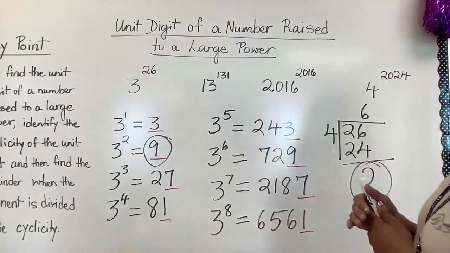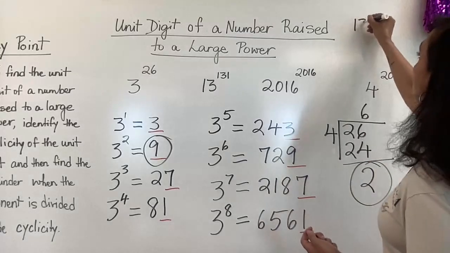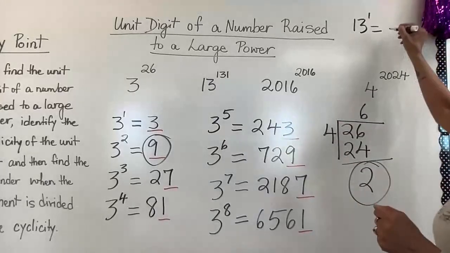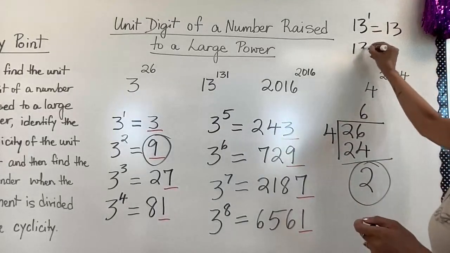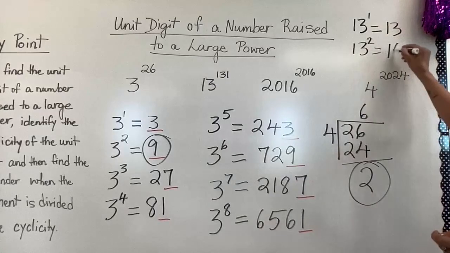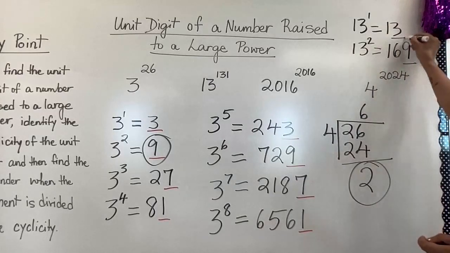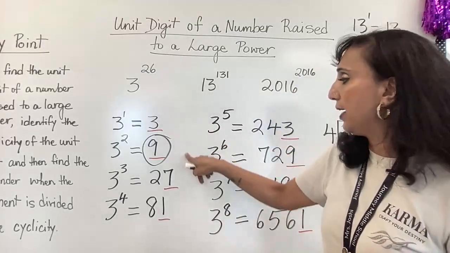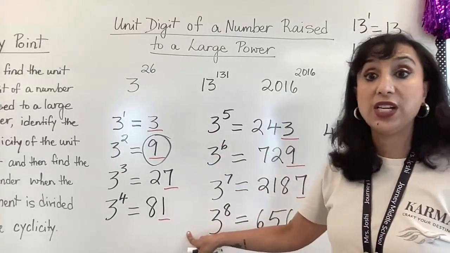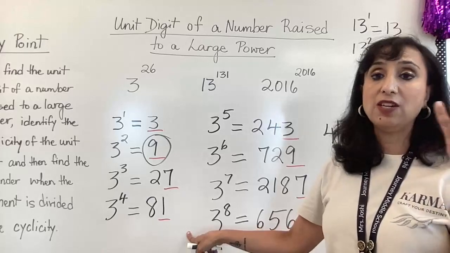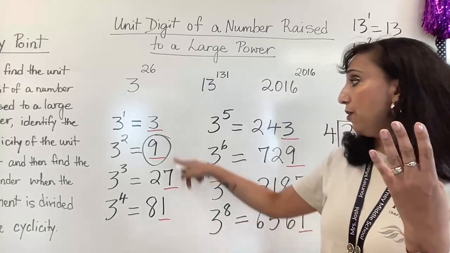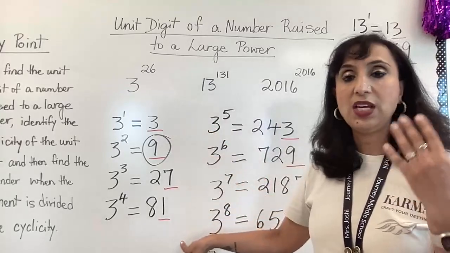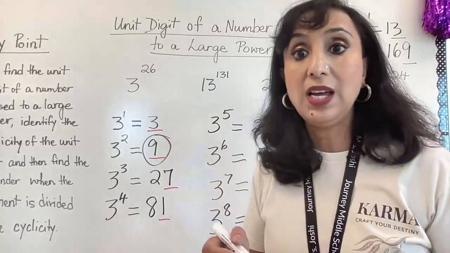Again, look at this: 13 to the first power, I get 13. 13 squared gives me 169. So this pattern starts even with this one. Just because I have that 3 at the end, I am going to get exactly the same pattern for 13. So the pattern of 4 numbers repeating, the 3, the 9, the 7, and the 1, these 4 units digits are repeating even in 13.